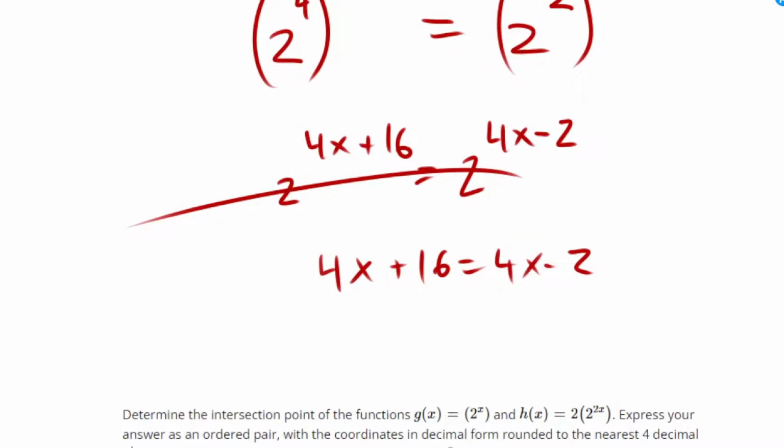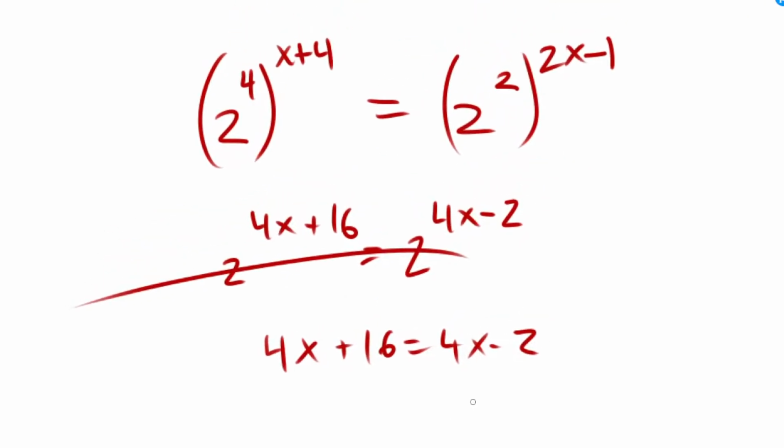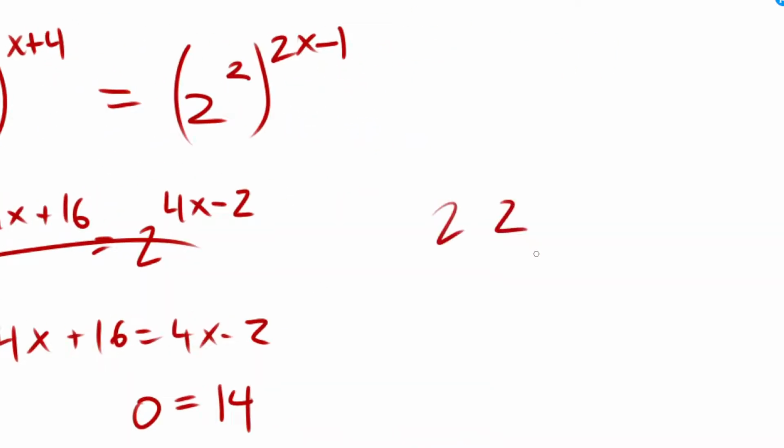Wait a minute. I'm doing something crazy wacky. Hold on. The reason I'm confused here is that we would have 0 equal to 14, which is not true. So I think I'm doing something wrong. 2 times 2 is 4, times 2 is 8, times 2 is 16.